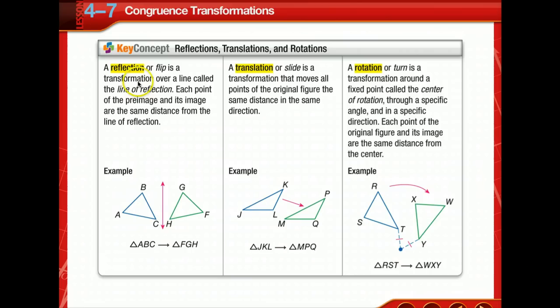Notice that a reflection is also known as a flip, a translation as a slide, and a rotation as a turn.